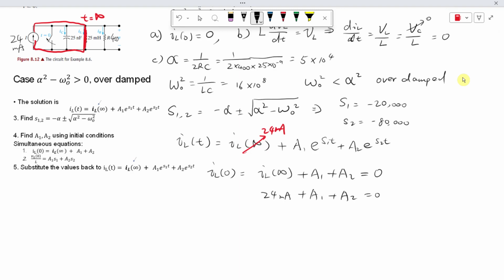Another equation comes from taking a derivative. You take the derivative with respect to t and plug in t equal to 0.